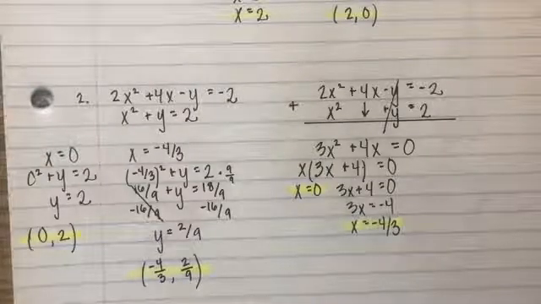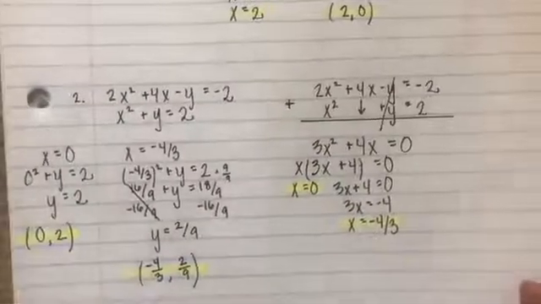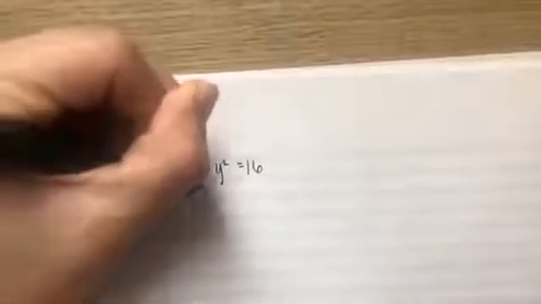And then for number 3, it was x squared plus y squared equals 16, and then y equals -x plus 4.